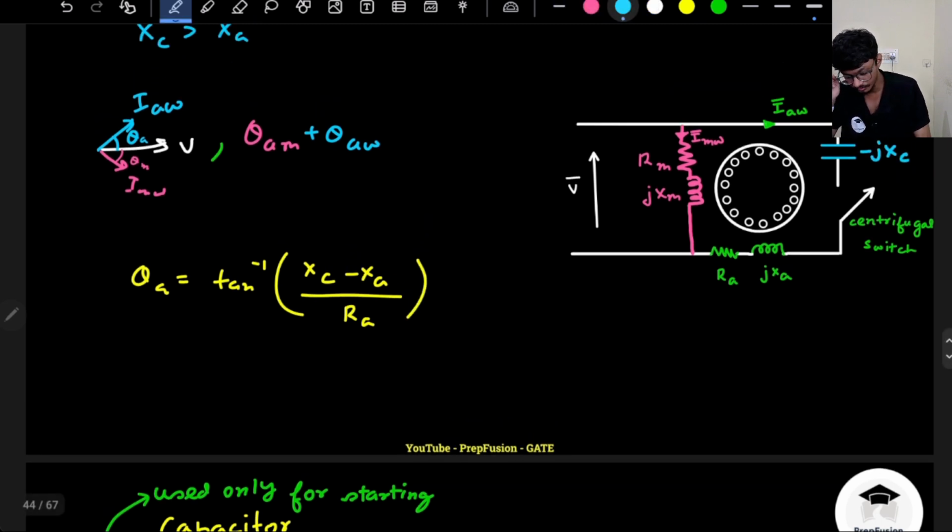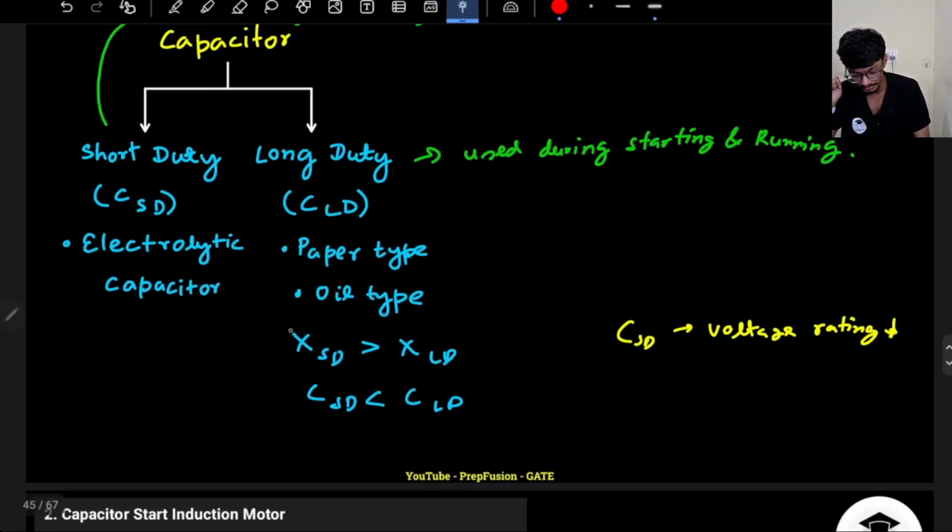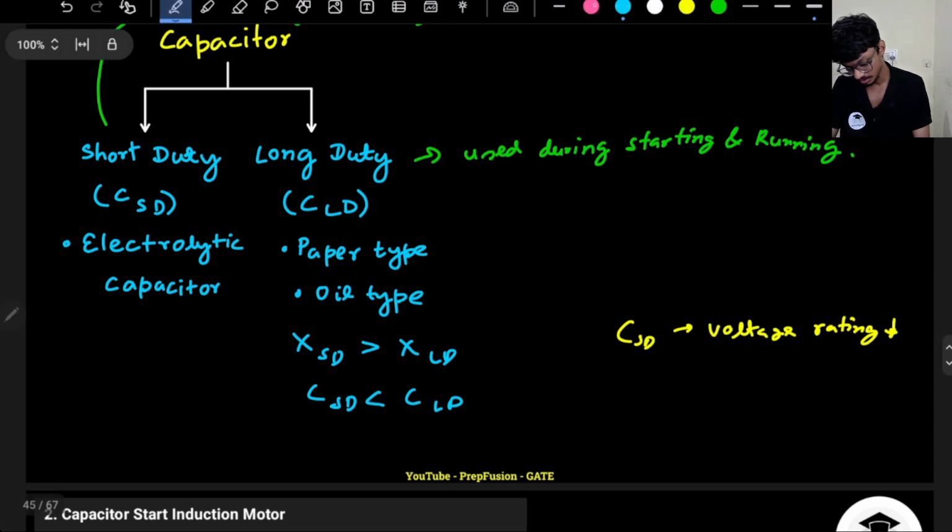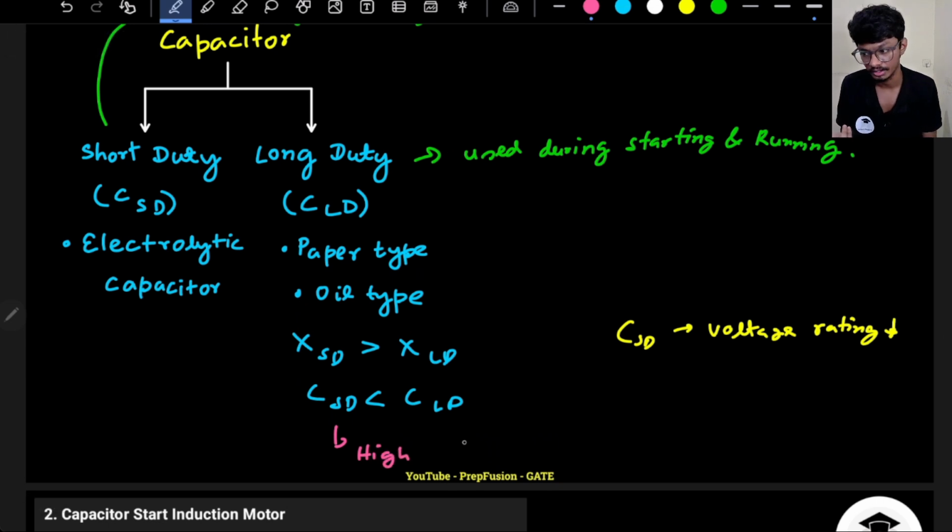So if I increase my XC, my theta A will increase, so the torque will increase. Short duty capacitors will have higher reactance, so they will produce high starting torque. But their voltage rating is lower, so I cannot always use it.